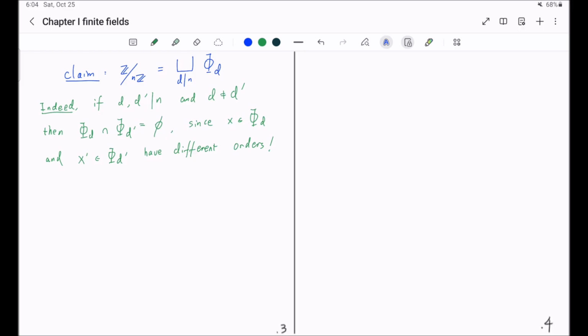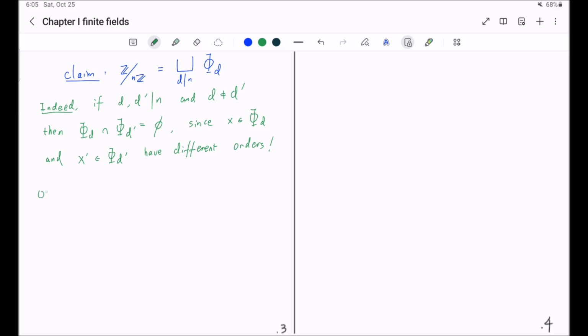Therefore, X and X prime cannot be the same element. But they are arbitrary, so this means the intersection of these two sets must be empty. So this verifies the disjointness of the members on the right-hand side.